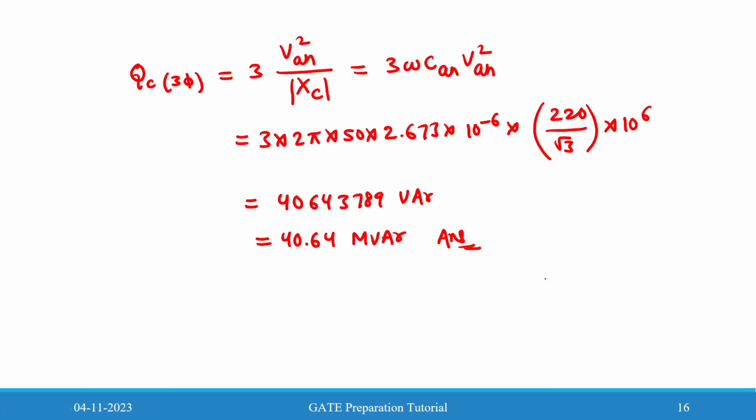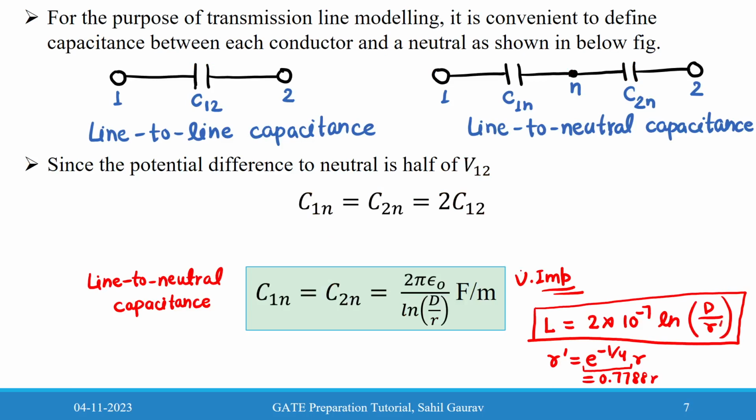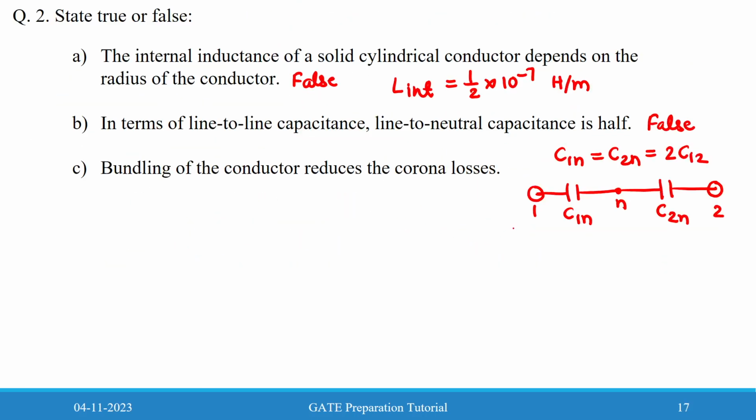Since the potential difference to neutral V1n or V2n is half of V12, the capacitance gets double, because Q is equal to CV.